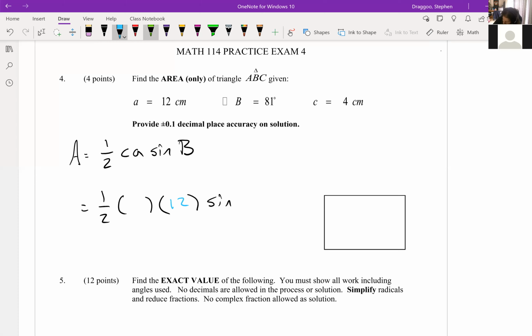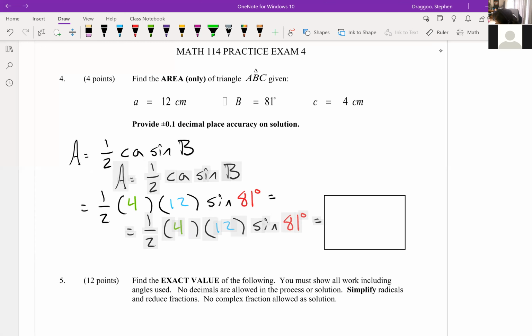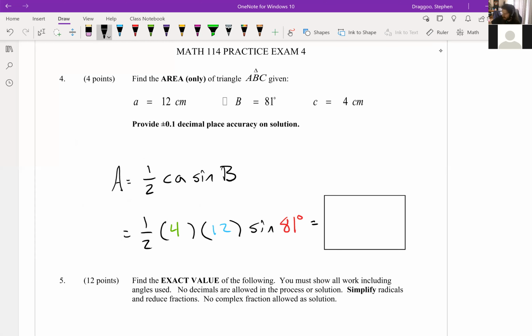I can plug all that in. 12 in for A, 4 in for C, 81 degrees in for B. And we'll get fancy with it again. We should be able to plug all that into a calculator.